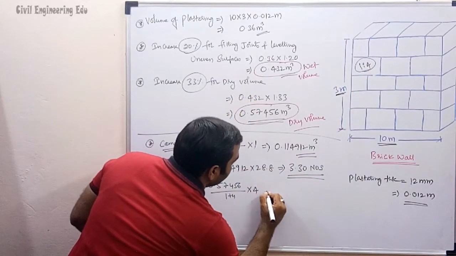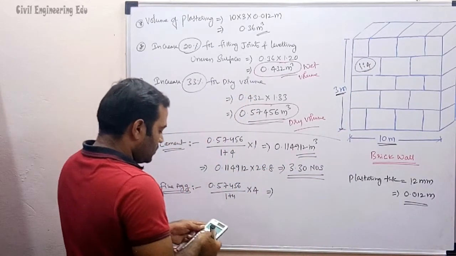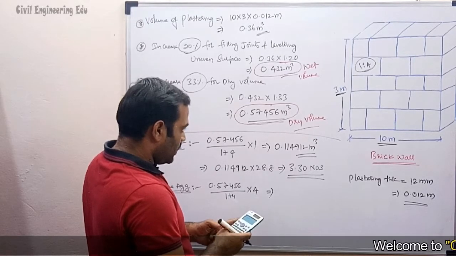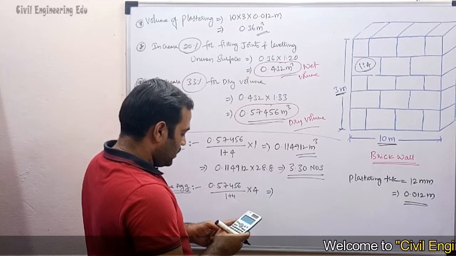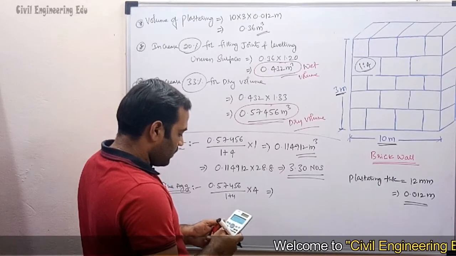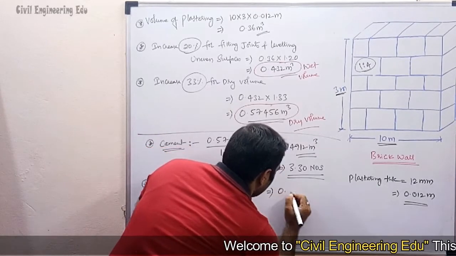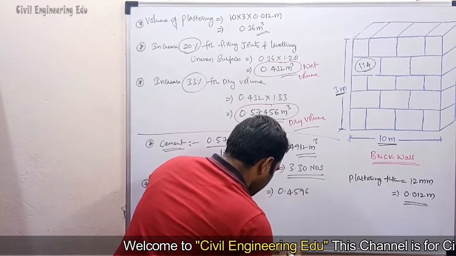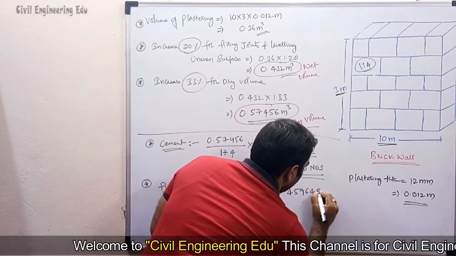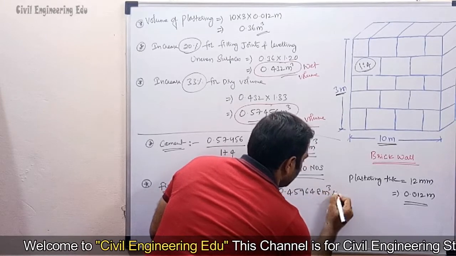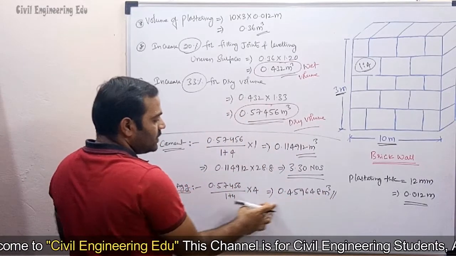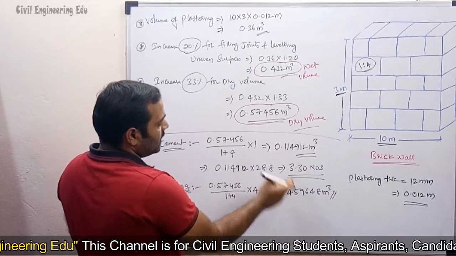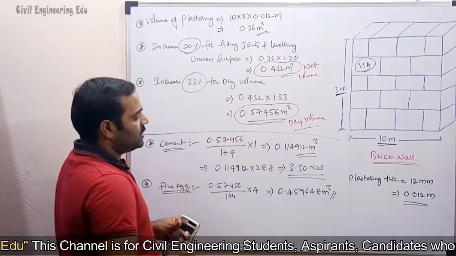So multiplied by 4, how much are we going to get? 0.114912 into 4 units gives 0.459648 meter cube. This is the volume occupied by fine aggregate in this dry volume. If we add this one and this one, again we need to get this volume.